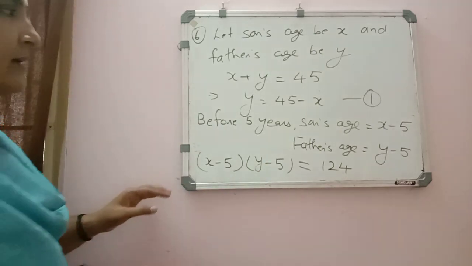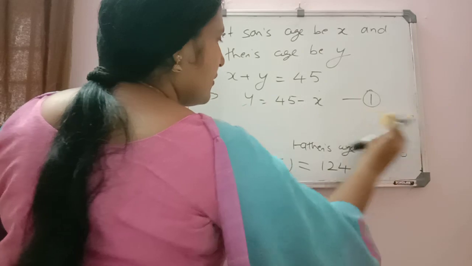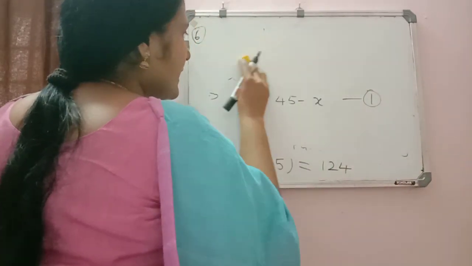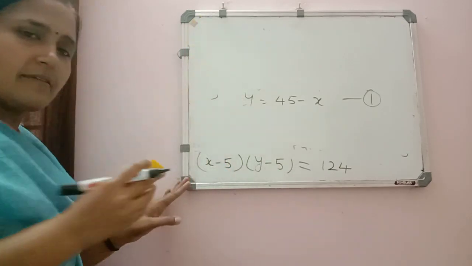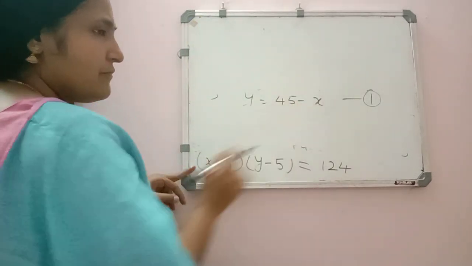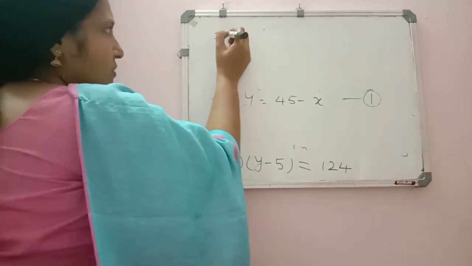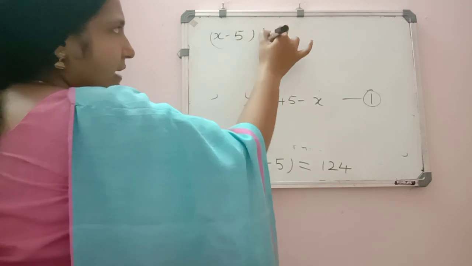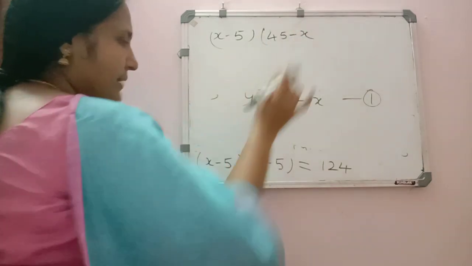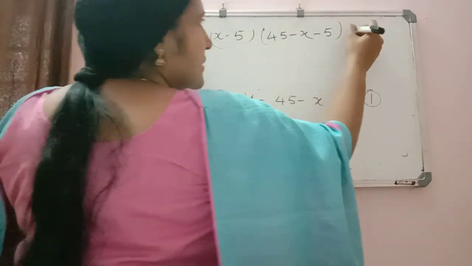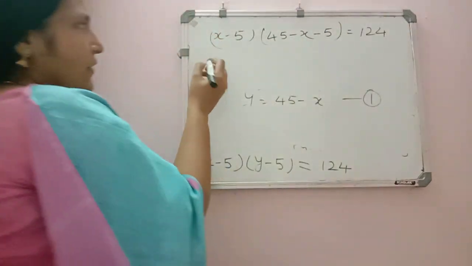So instead of substituting 2 times, first we substitute Y as 45 minus X from equation 1. So it will be X minus 5 into 45 minus X minus 5, equal to 124.